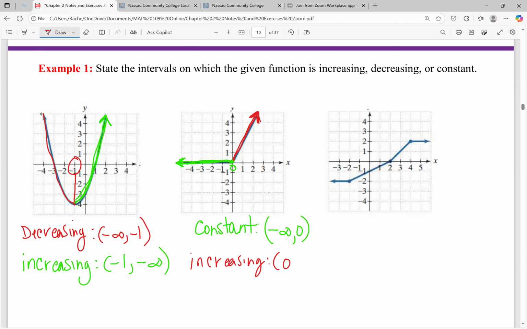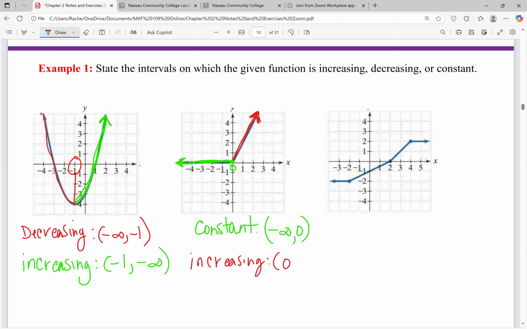And then let's look at that last graph. Let's highlight in green the portions where the graph is constant. I have a piece of the graph here and then here in green. So there's two portions of the graph where the y values are staying constant. Now, what interval for x is that?